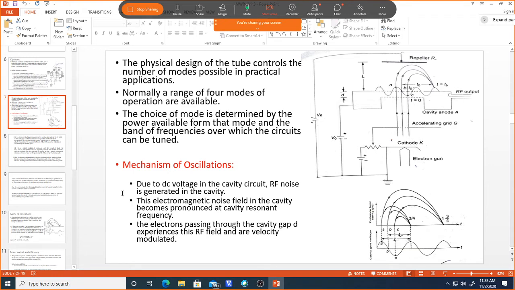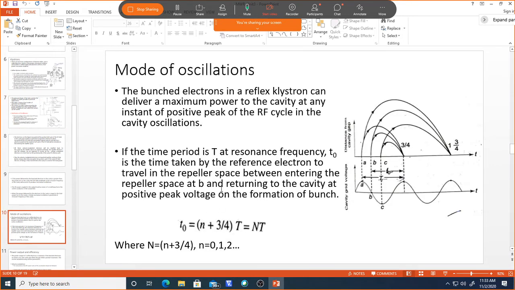That time T naught is represented as n plus 3 by 4 of the time period, and this n gives the mode of oscillation, where n takes small values 0, 1, 2, 3, so we get the modes n equal to 0 (3 by 4) and 1 (1 3 by 4), like that.